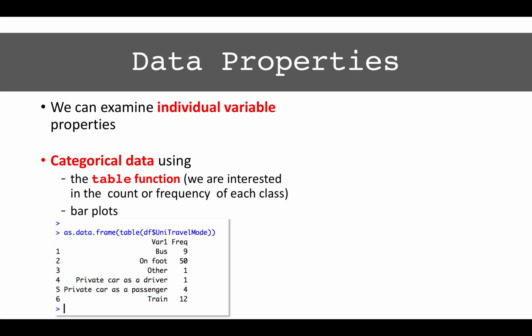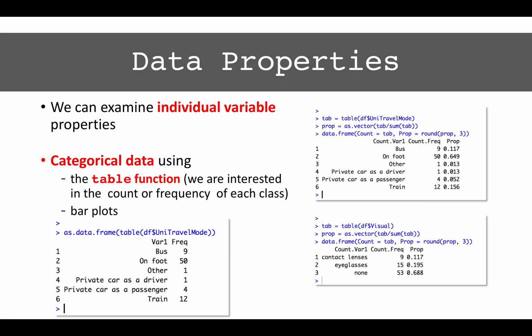And we can arrange this in different ways, perhaps a little bit more intuitively using the as.data.frame function wrapped around table. This gives us a nice little table of values and their frequencies. And we can look at other variables as well, and we can also determine the proportions that the frequencies represent.